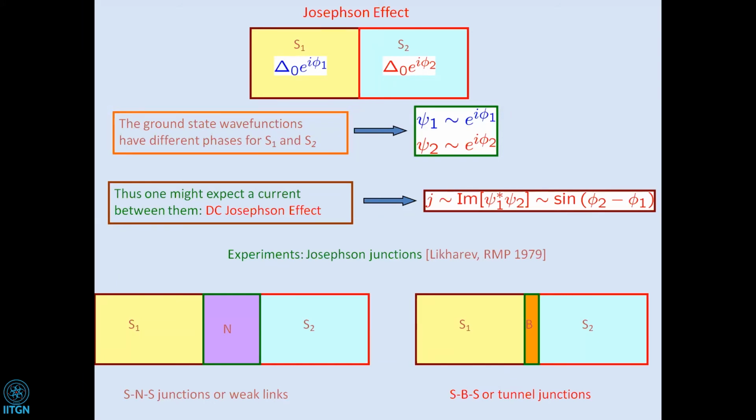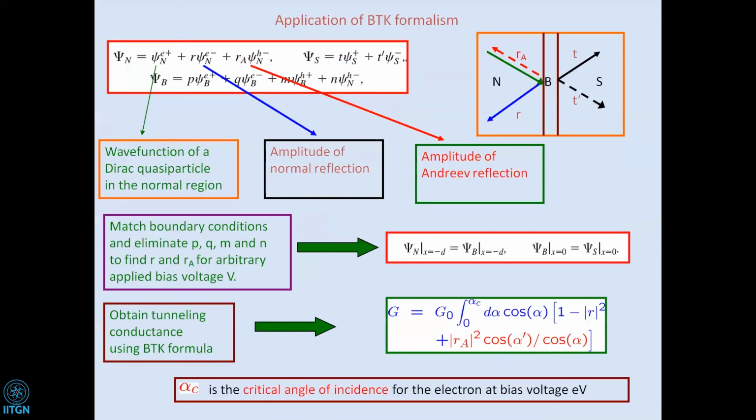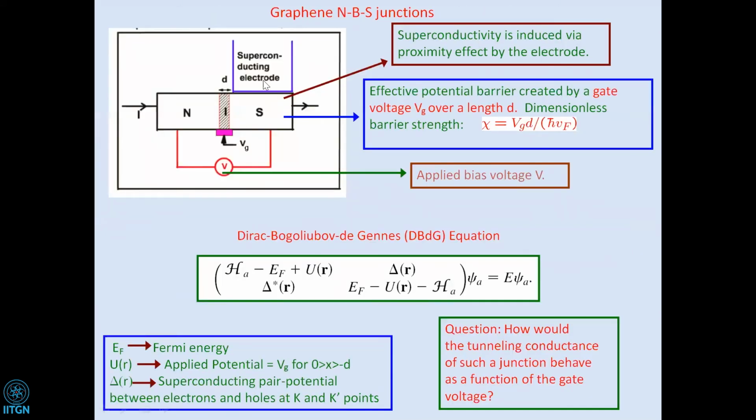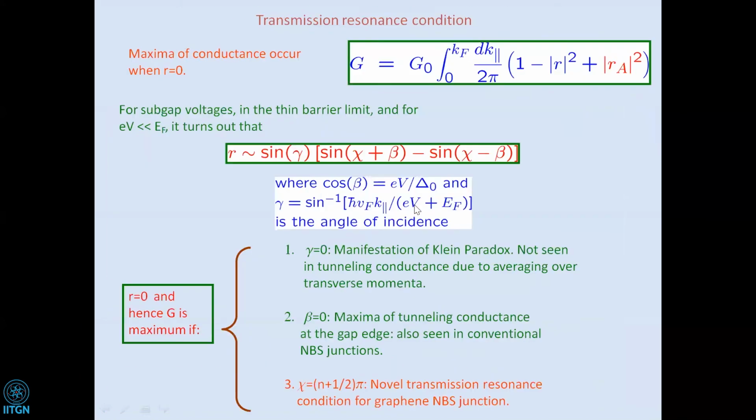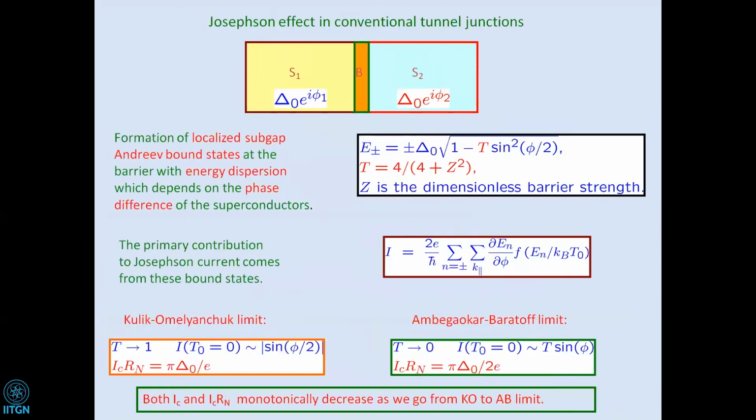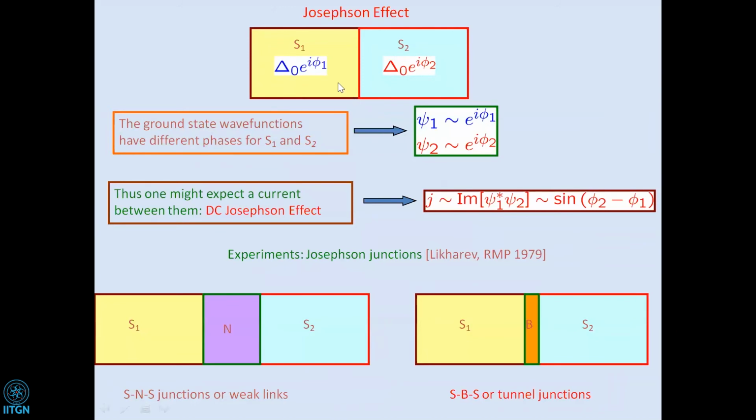So you see that just as you are putting this induced superconductivity on one end, you could have done this with two ends, and then you have a superconducting, insulating, superconducting barrier, which is good for studying Josephson effect. And this Josephson effect comes in when you put two superconductors with different phases right next to each other.